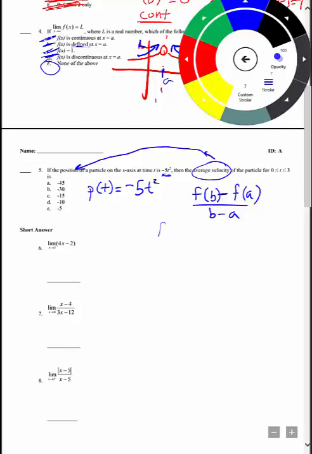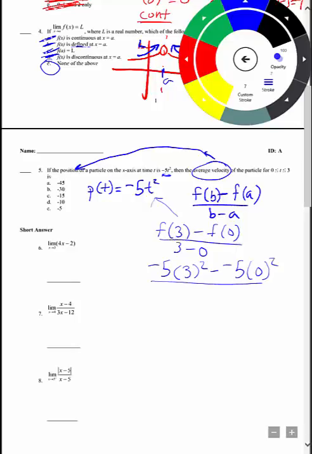In this case, that'll be f of 3 minus f of 0 divided by 3 minus 0. If we plug in 3 there, that's negative 5 times 3 squared minus negative 5 times 0 squared, divided by just 3. Negative 5 times 3 squared is negative 5 times 9, which is negative 45. That's going to be negative 45 minus 0, divided by 3, which is negative 15.